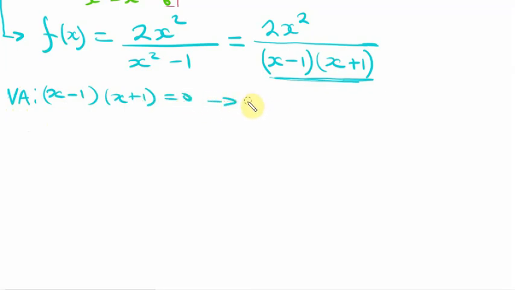From here we get x minus 1 equals 0, therefore x equals 1 as one of the zeros.